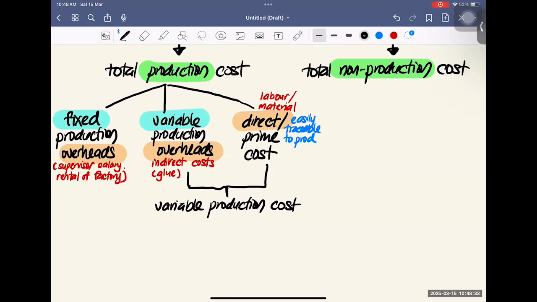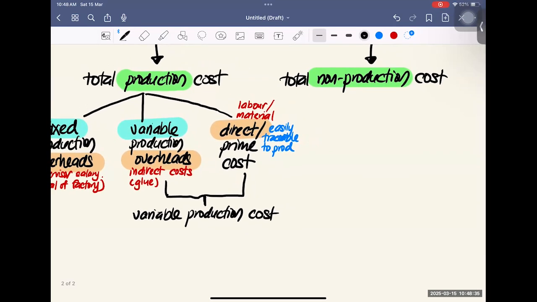All right, now let's look at non-production costs. Same thing, we can classify it into variable non-production overheads. Why do we call them overheads?